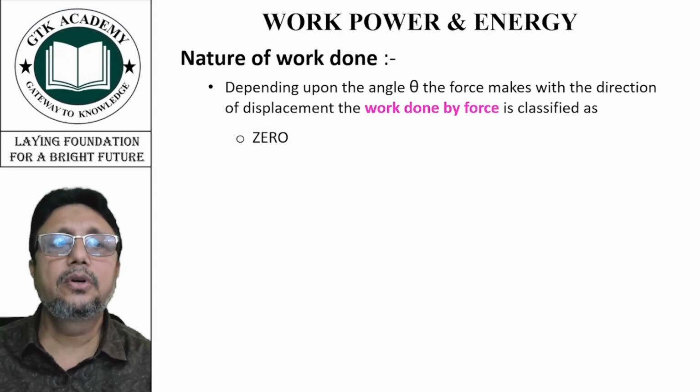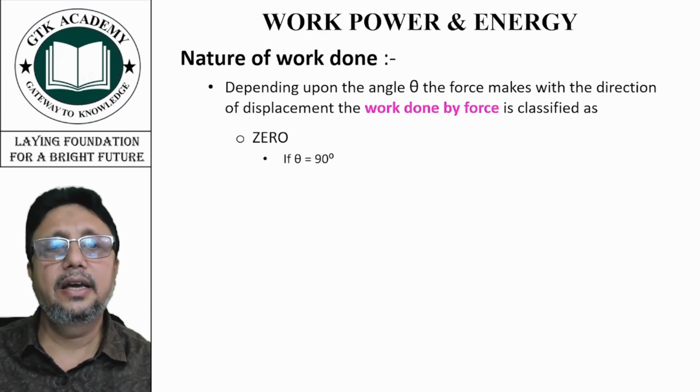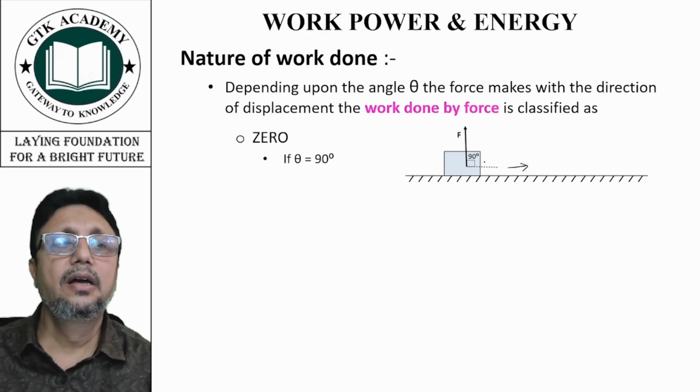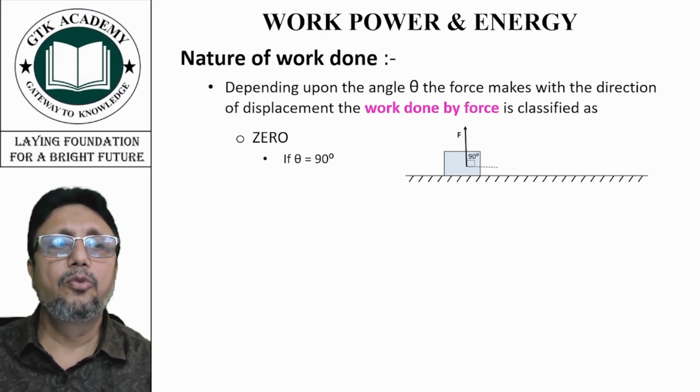Work done by the force is 0 if theta is 90 degrees. That means if your force is acting in this direction and the displacement is taking place in this direction, where the angle between force and the direction of displacement is 90 degrees, the body is moving like this.